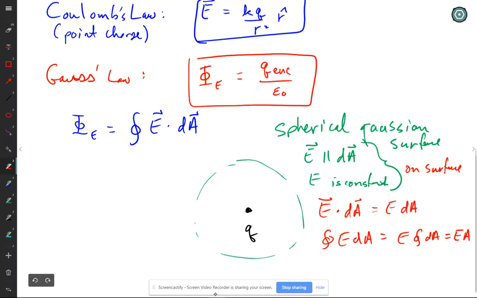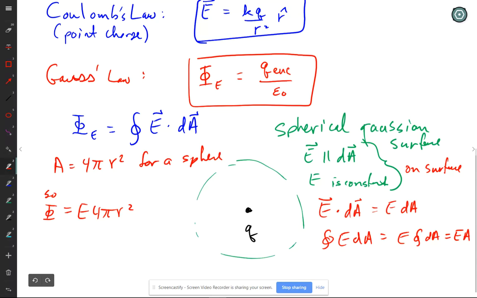So here we have our flux EA, and then we say, okay, it's a sphere. The area of a sphere is 4 pi r squared. So the flux is equal to E 4 pi r squared.